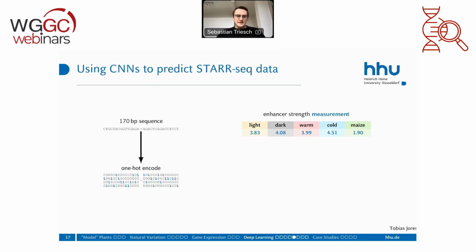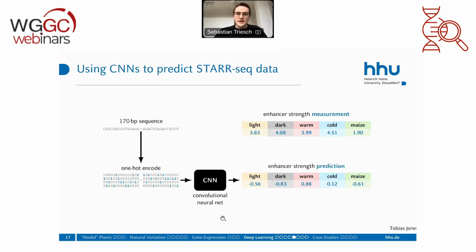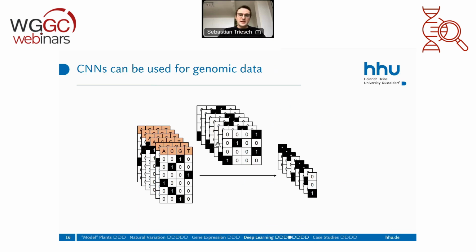And when we do this for STARR-seq, I just told you, instead of doing the Plant STARR-seq experiment that gets you the measured data, we can do the one-hot encoding of this data, put this into our convolutional neural network, and get a prediction. And again, in the first place, because everything is random here, also these filters here, in the beginning, they are random.